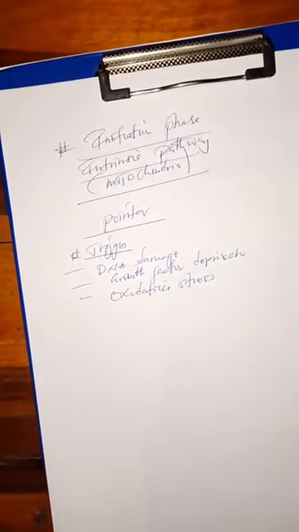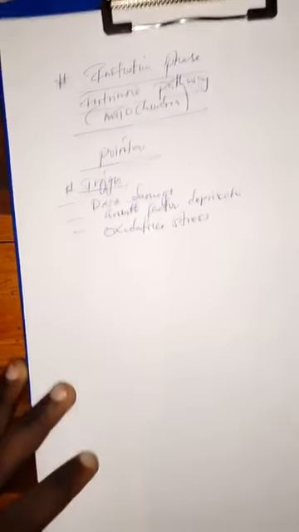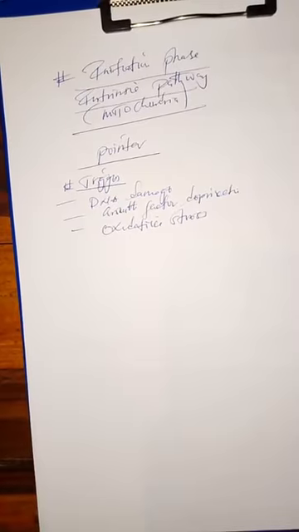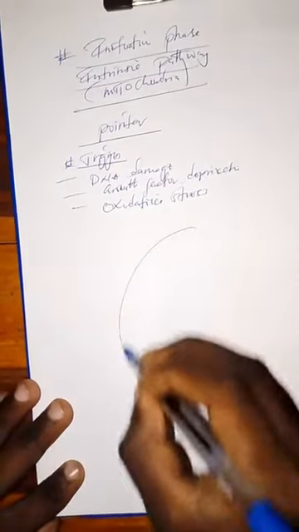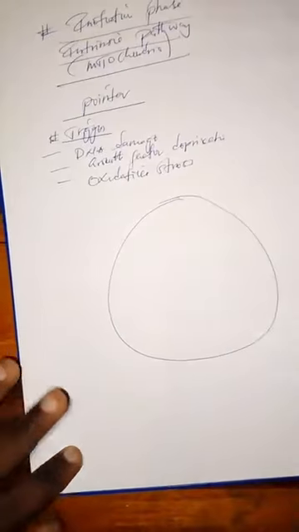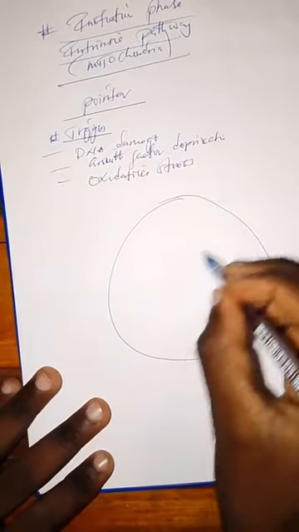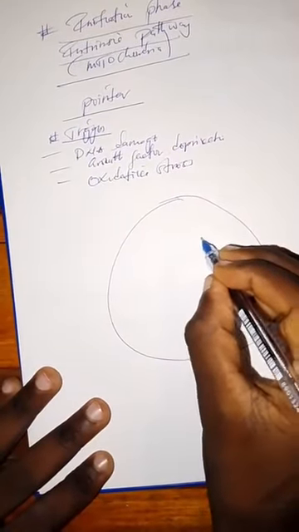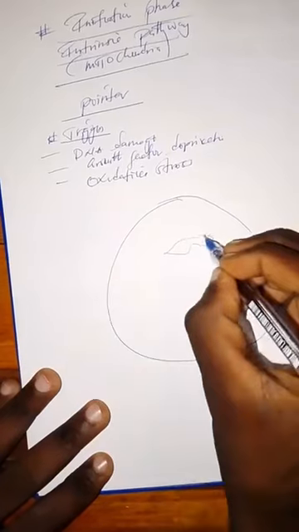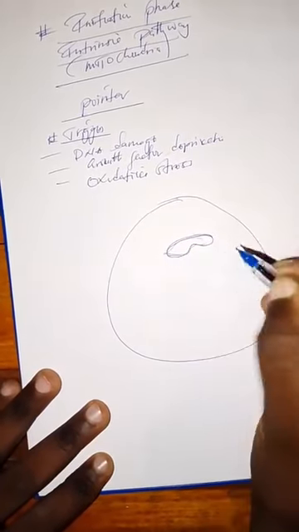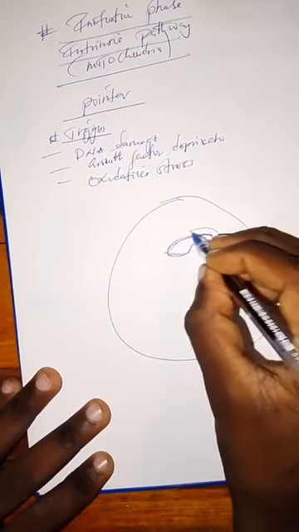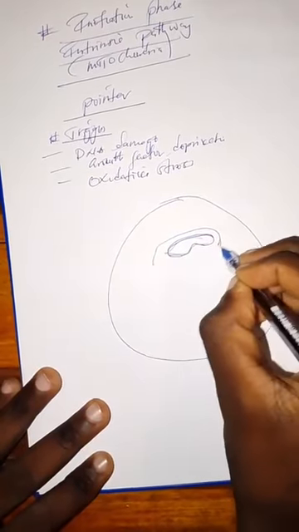Let me just draw something so that you appreciate from the diagram as I explain the intrinsic pathway. We don't draw like an artist, this is just for you to understand.